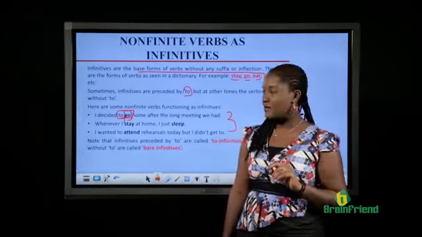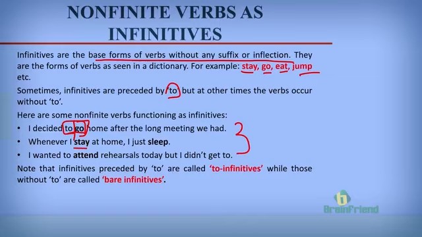Then we also have, whenever I stay at home, I just sleep. Note that in this second sentence, the verbs are not preceded by to, they occur alone. Stay and sleep. But they are all infinitives because they are the base form of the verbs, the dictionary forms of verbs. And then lastly we have, I wanted to attend rehearsals today, but I didn't get to. Here we have the word to preceding the verb attend.